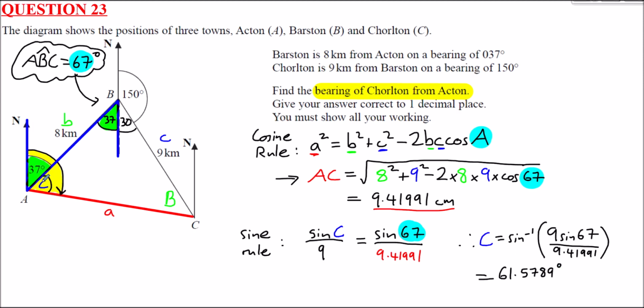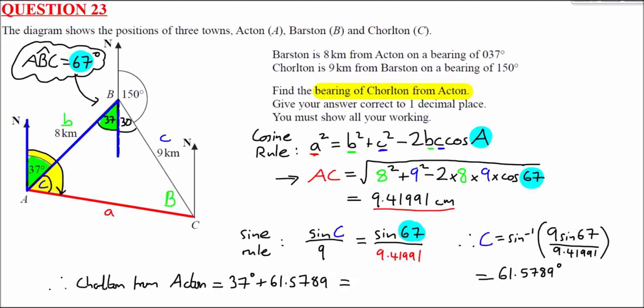Now, as you can see, the angle we want, the bearing of Chorlton from Acton, is actually 37 plus angle C. So that's 37 degrees plus 61.5789.